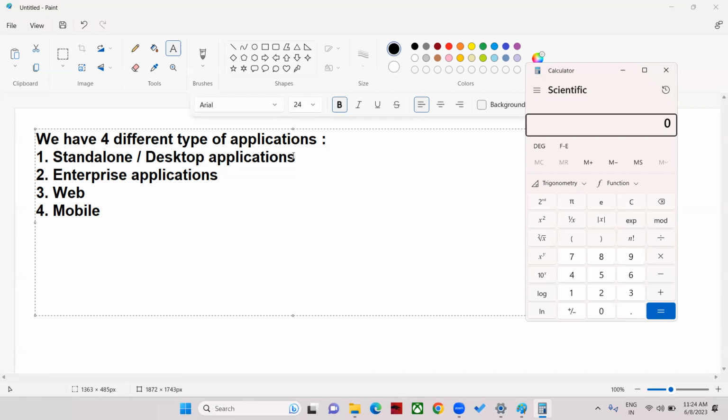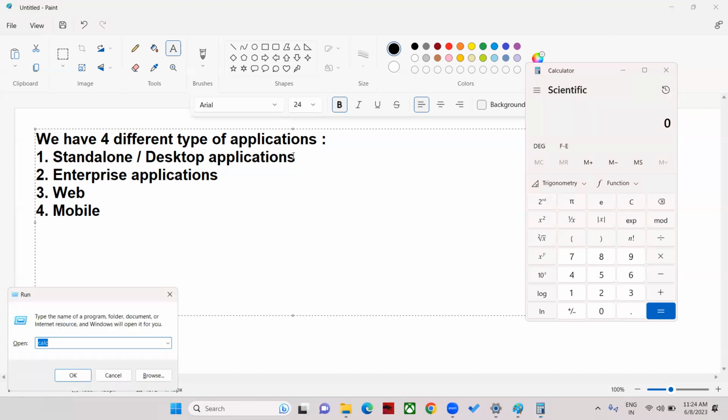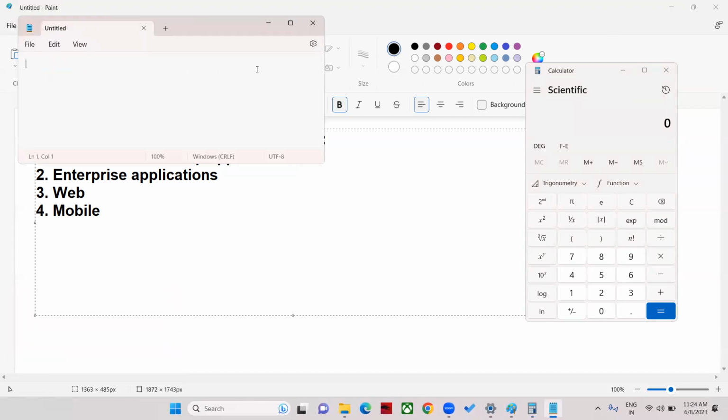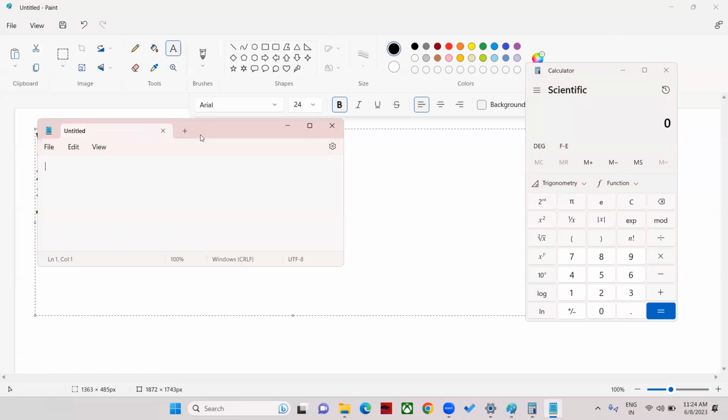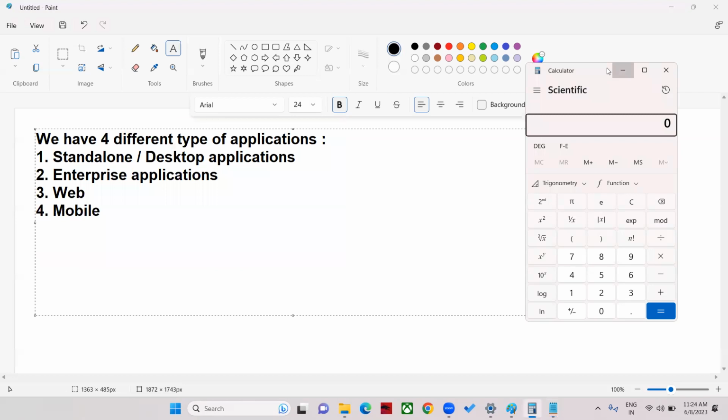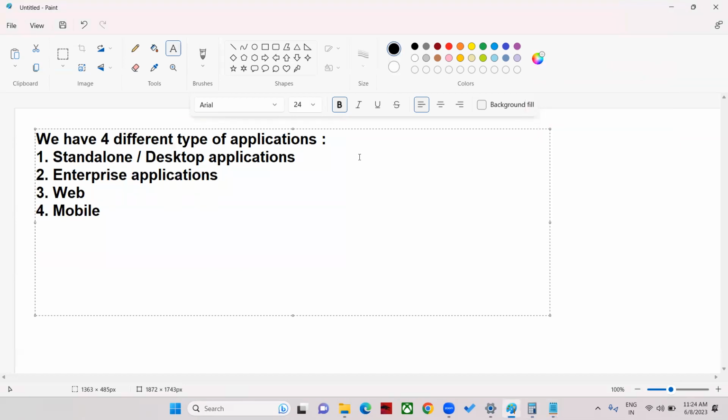As well as if I want to write something on the notepad, do I need any internet support? Absolutely no. Such applications are called desktop applications. Did you understand what exactly it means? Standalone applications means an application that runs in a single system without the use of internet.